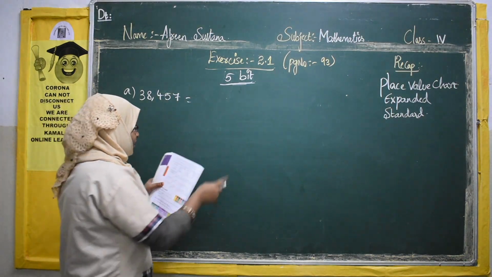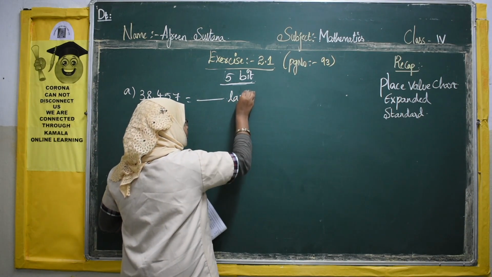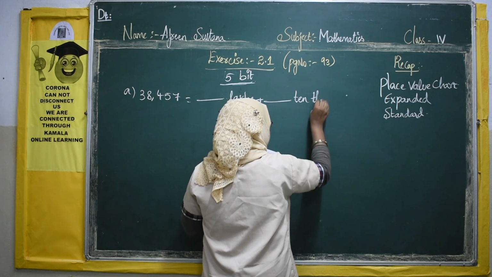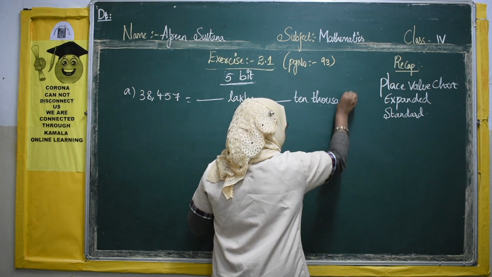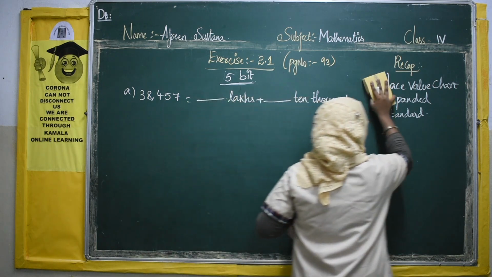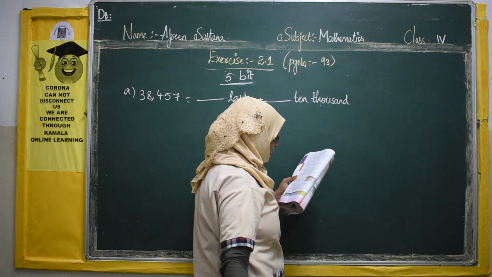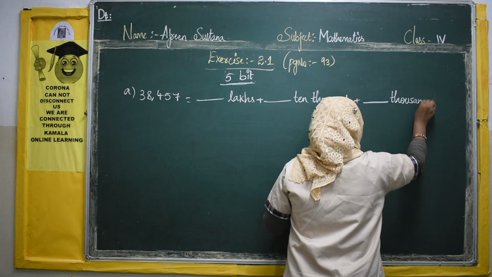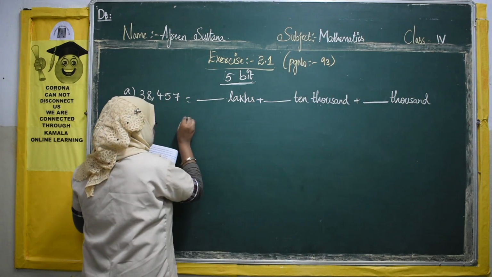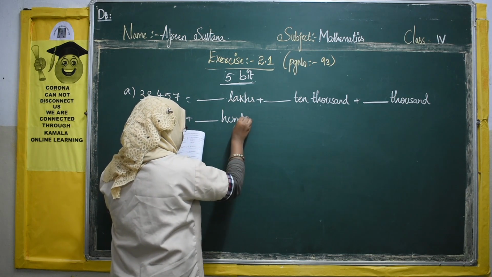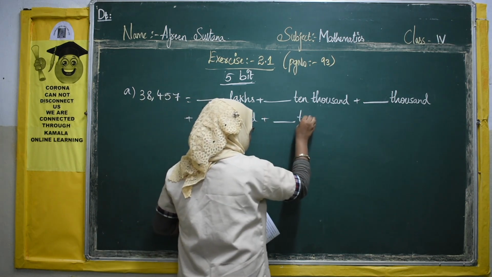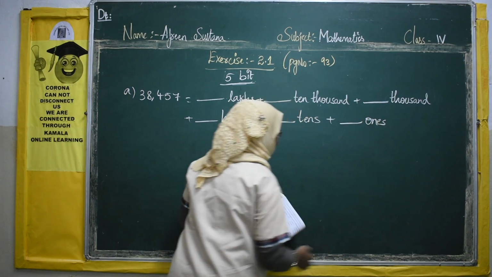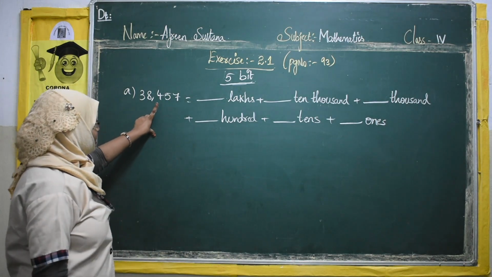But here they have given dash lakhs plus dash 10,000 plus dash thousand plus 100 plus tens plus ones. So here they have given the number.